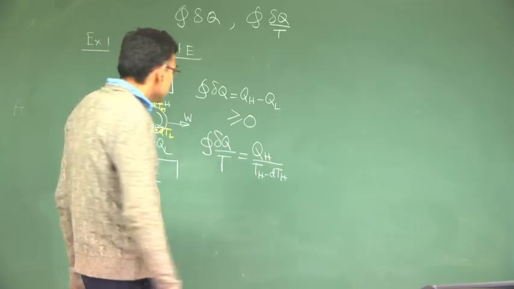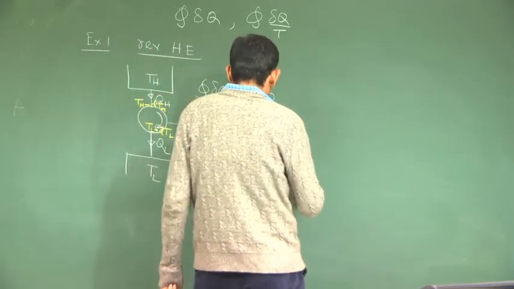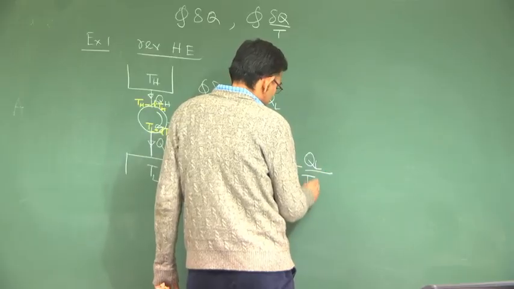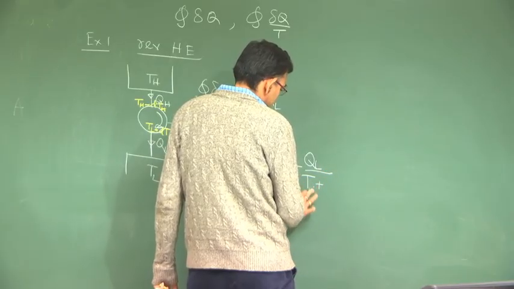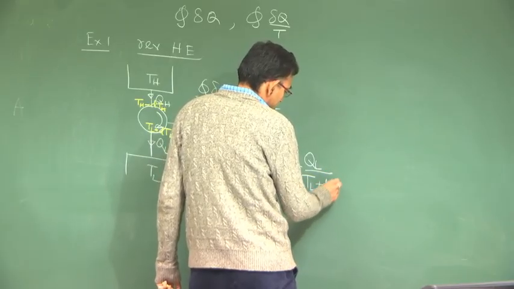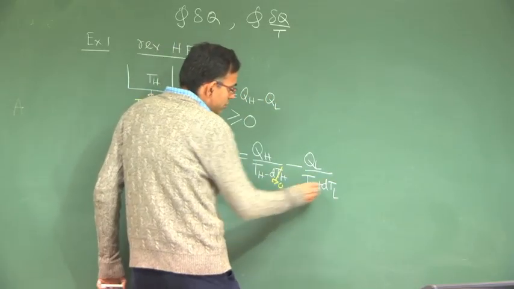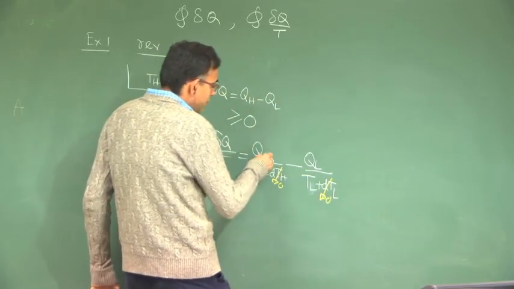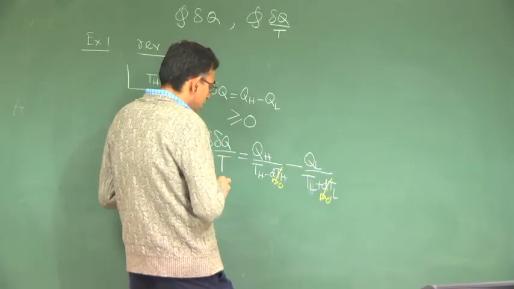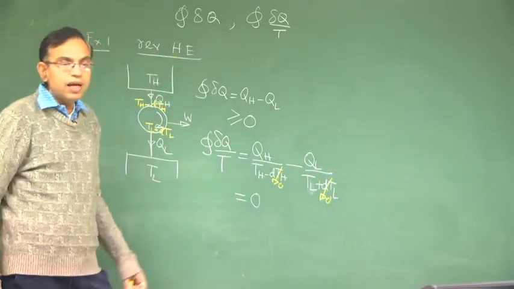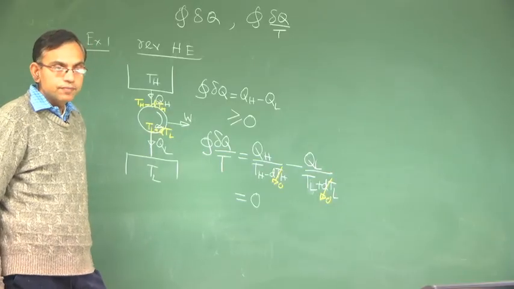The other heat transfer is negative. Given that these are tending to 0, this is QH by TH minus QL by TL. This is equal to 0 as per the definition of the absolute temperature scale. Okay.